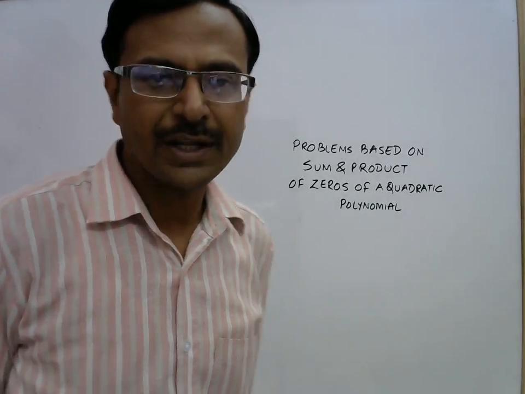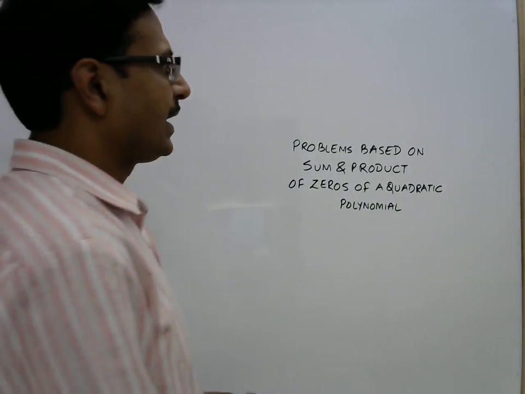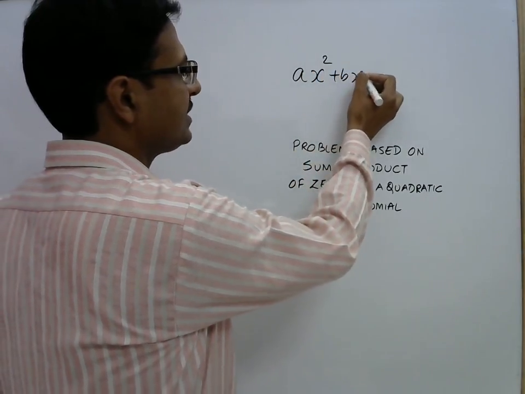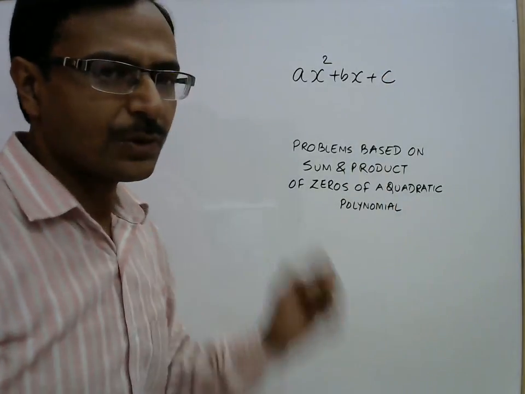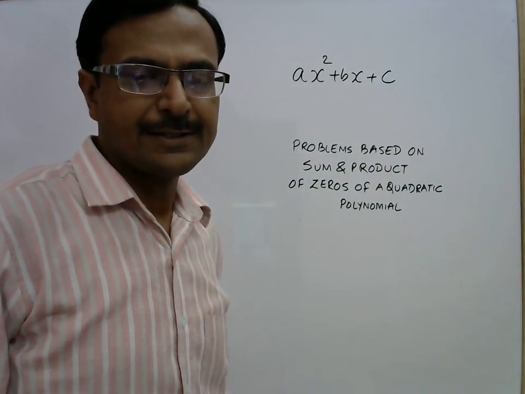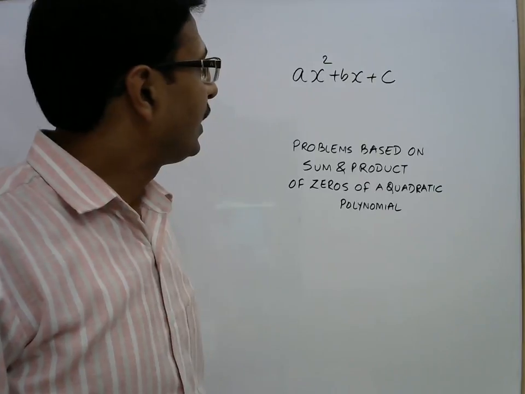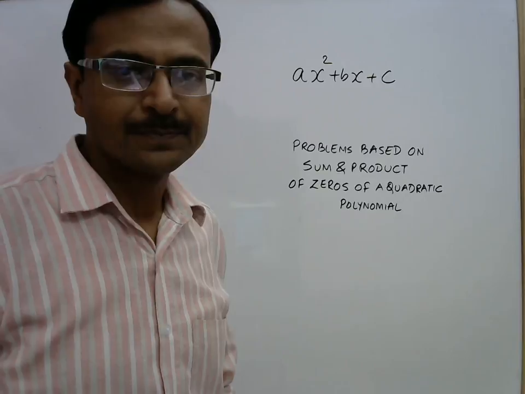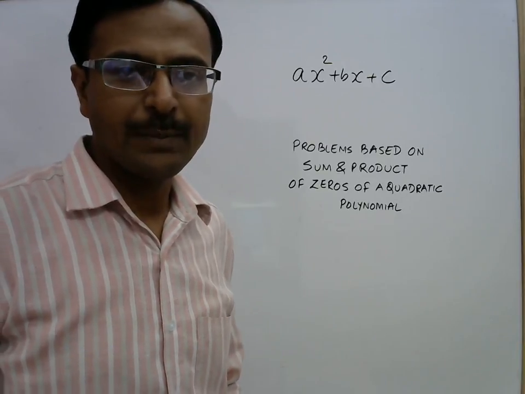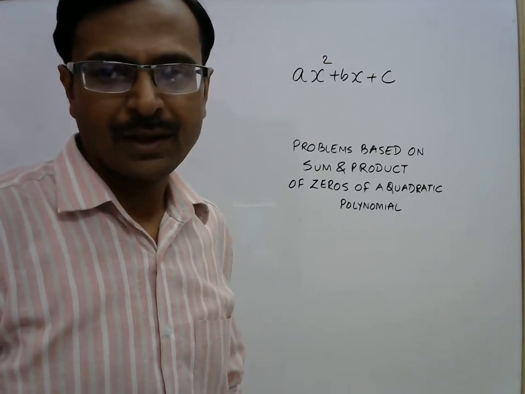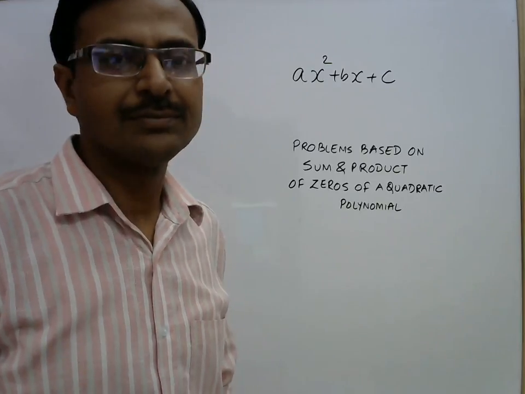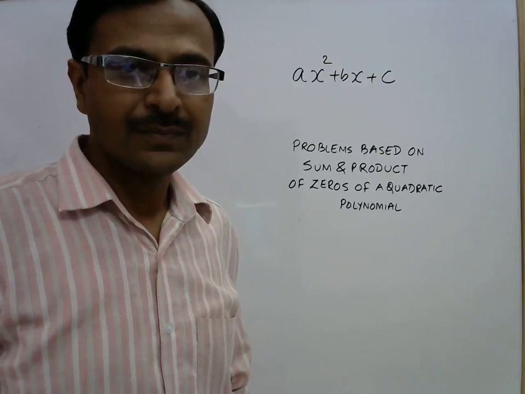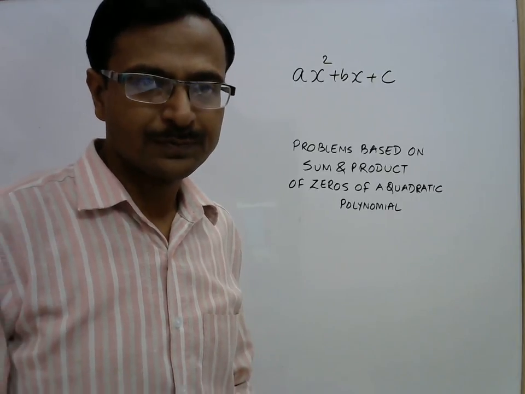The general quadratic polynomial is represented by ax square plus bx plus c. Now, this is a quadratic polynomial, and a quadratic polynomial has a degree 2. And I told you in my previous live streamings that the number of zeros of a quadratic polynomial is 2.